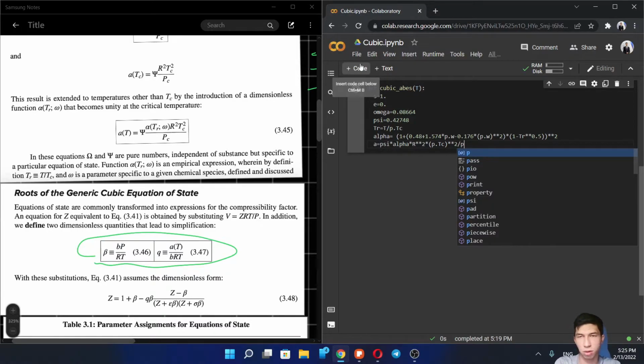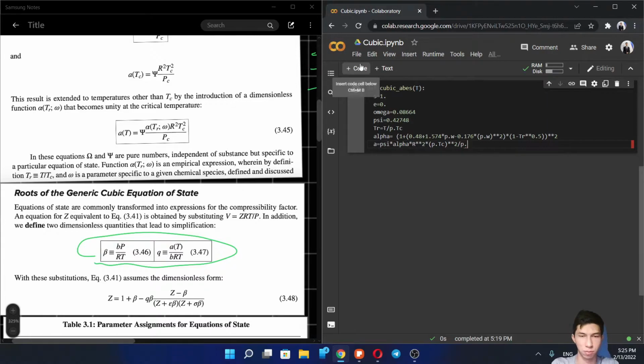So we're going to get all these values from our CHE tools.